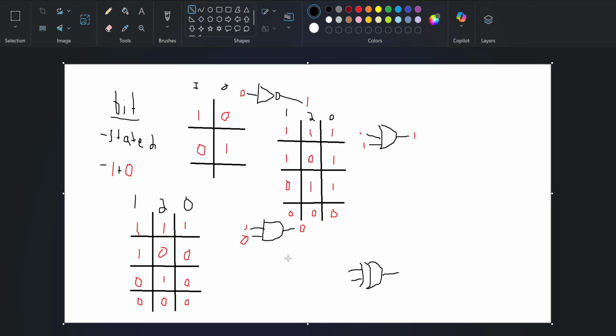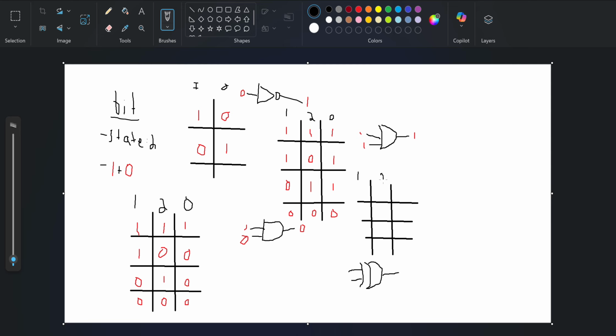So the basis behind an exclusive OR gate is that it will only be on when only one of the inputs is on. So unlike our OR gate, it's not going to be turned on when both of our inputs are on, right?